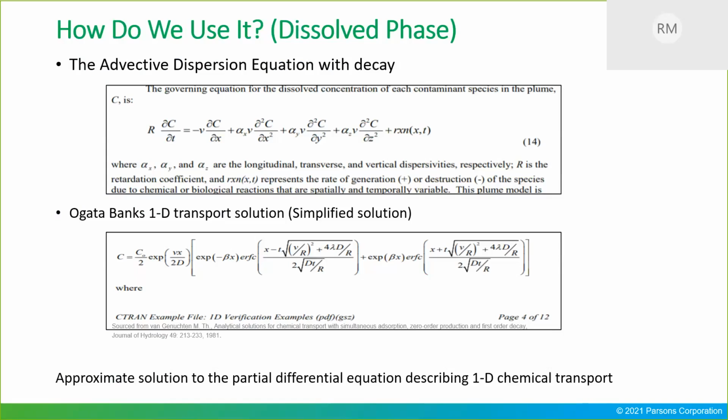And on the right-hand side, you can see the concentration with the first-order distance, linear velocity, and the reaction term, that is the rate of generation or destruction of the species due to chemical or biological degradation. And we also look at the Ogata-Banks simplified equation coded in R to generate instantaneous output of concentration versus distance for various time frames and concentration versus time for various distances.